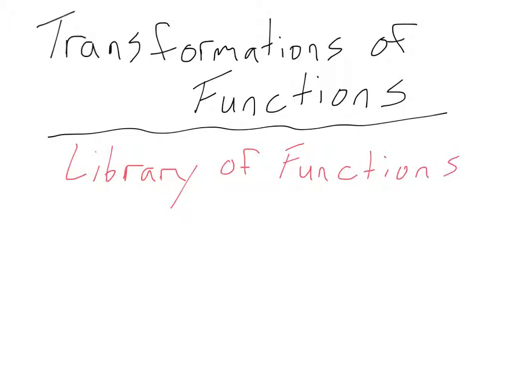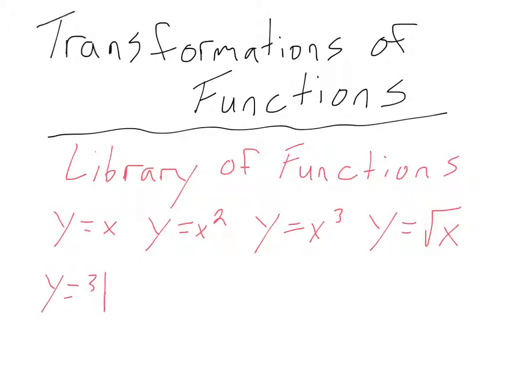So for instance, we have the function y is equal to x, your basic linear function. We have y equals x squared, y equals x cubed, y equals the square root of x, y equals the cube root of x, y equals the absolute value of x, and y equals 1 over x.